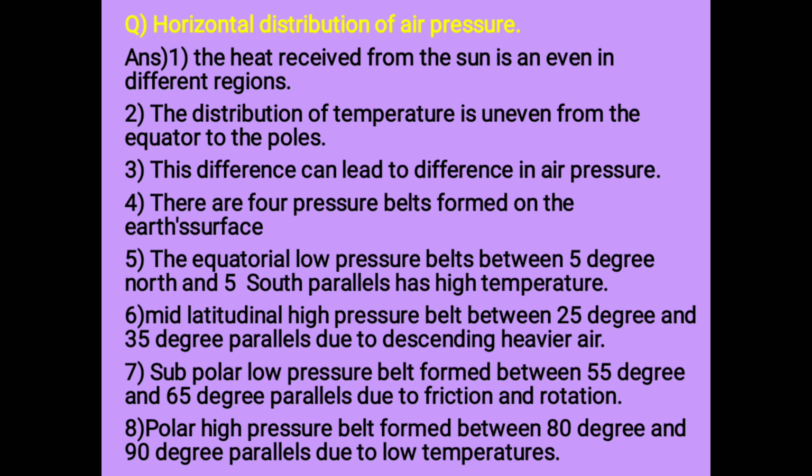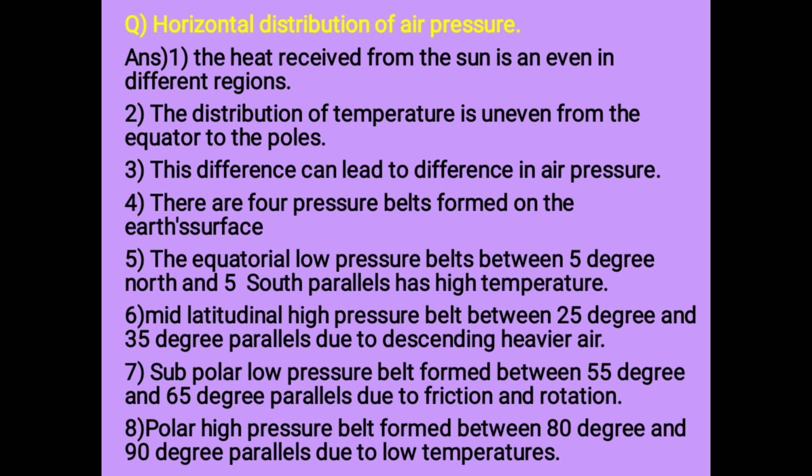Point number 5. The equatorial low pressure belt between 5 degree north and 5 degree south parallels has high temperature. Point number 6. Mid-latitudinal high pressure belt between 25 degree and 35 degree parallels due to descending heavier air.